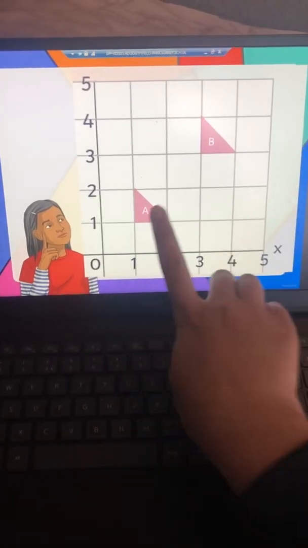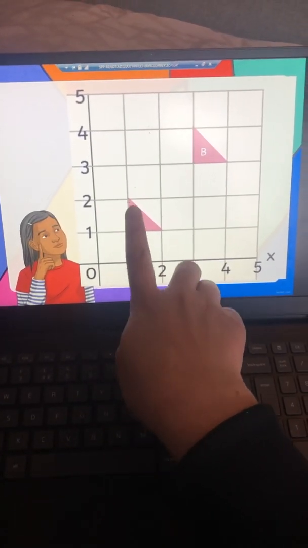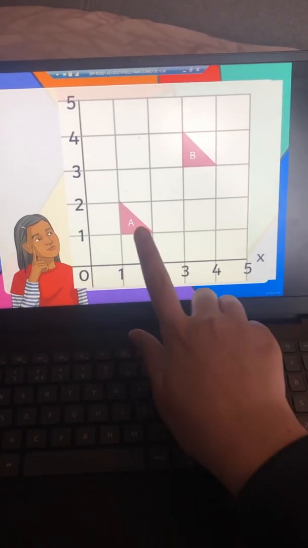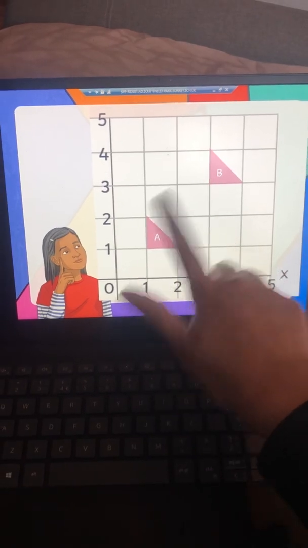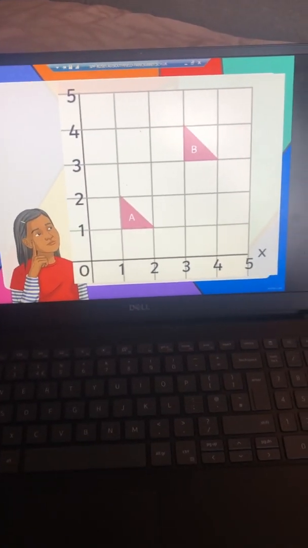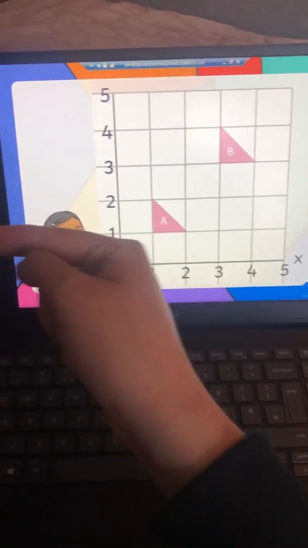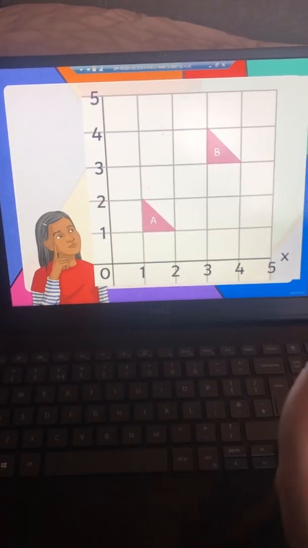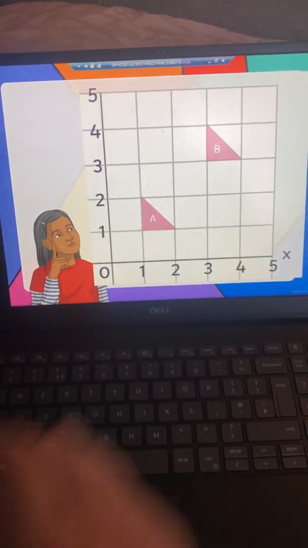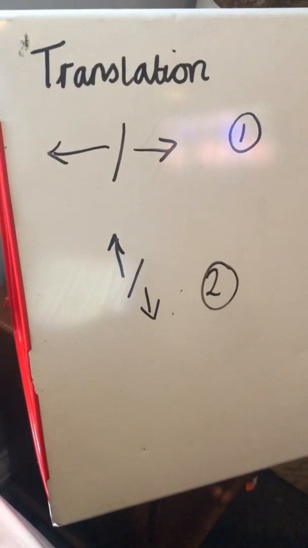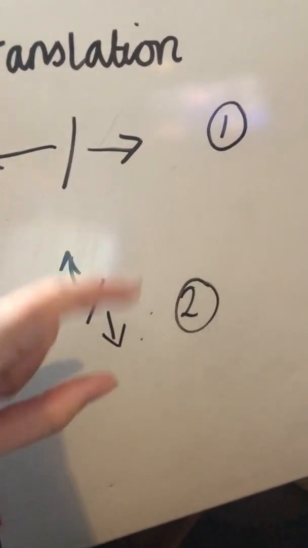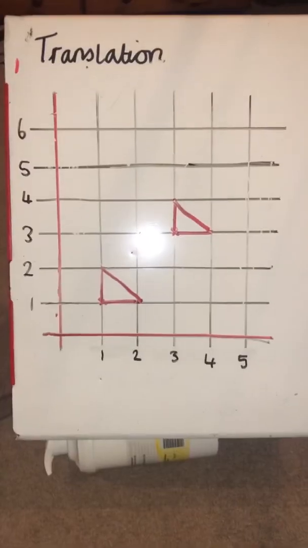So if I was describing how A translates to B, I would think about how it moves from A to B. Now with a translation, we talk about the direction it moves in, left or right first, and then up and down second. So here's my rules. Whether it moves left or right, I describe first, up or down second.